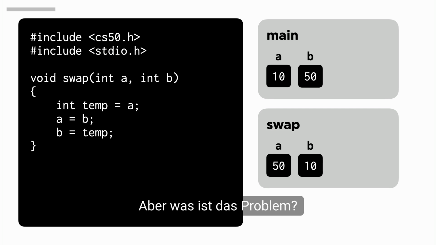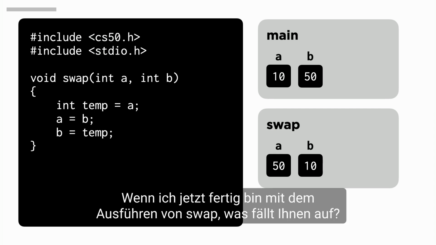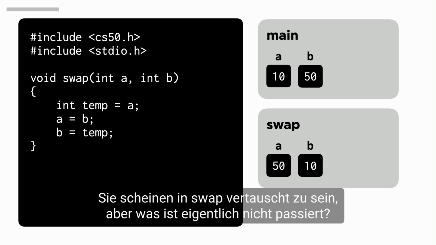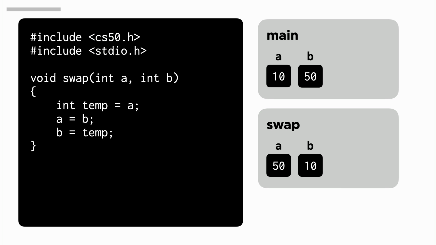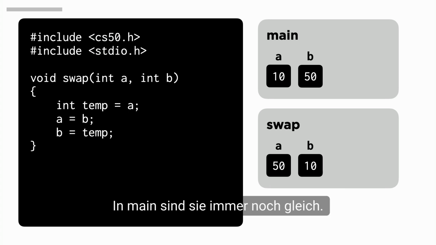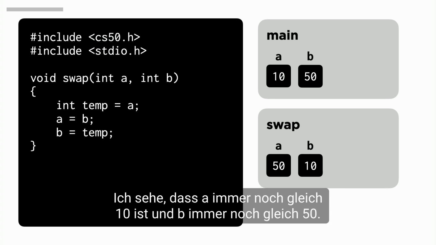But what's the problem? If I finish now running swap, what do you notice? They seem to be swapped in swap, but what hasn't happened actually? Yeah, so in main, they're still the same. I see that A is still equal to 10, and B is still equal to 50.